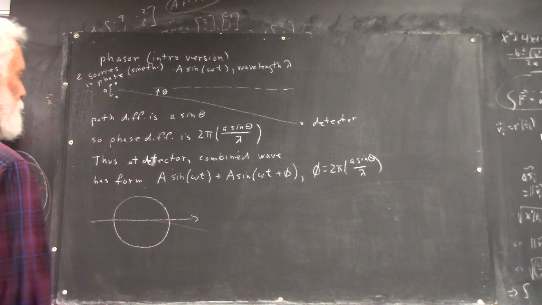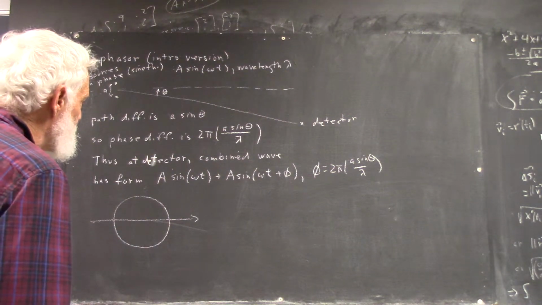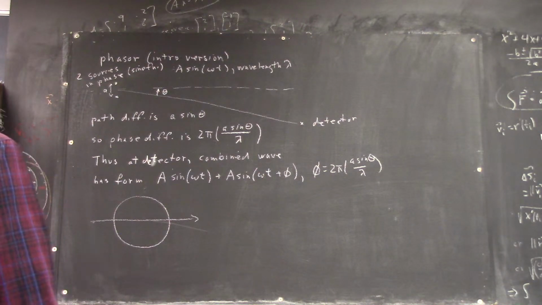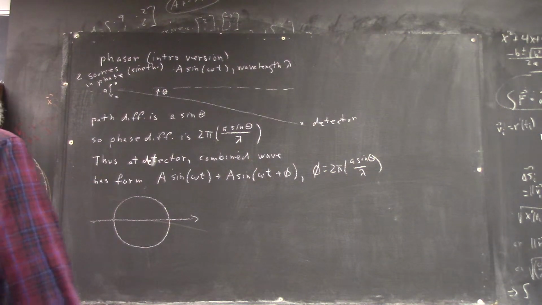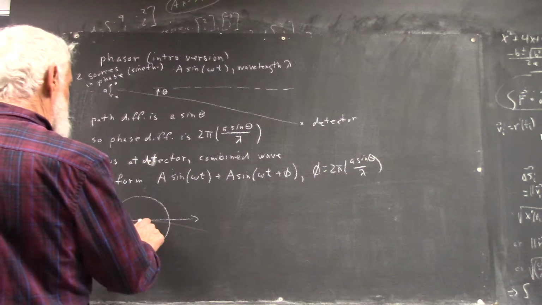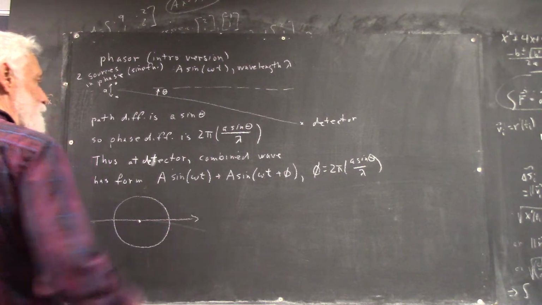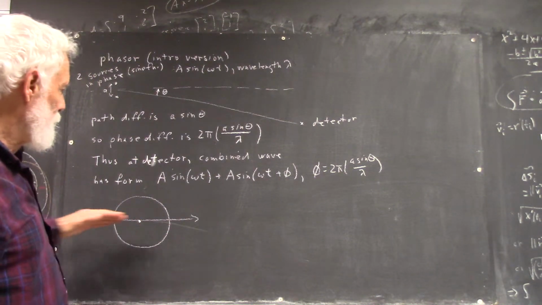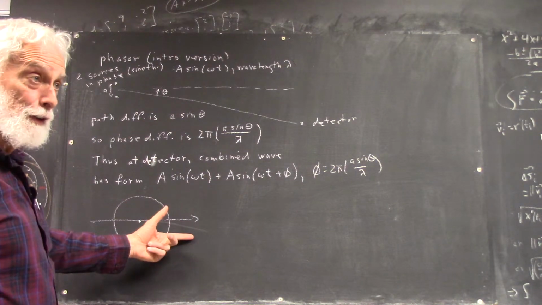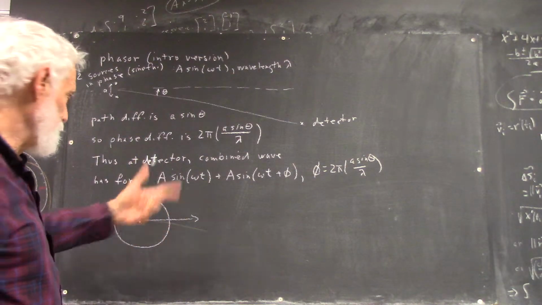Here, I'm using the sine function, and that's okay, I'll just keep using it. Usually when I use a sine, I regret it because I like to use the cosine to project down onto this axis, but it doesn't matter.